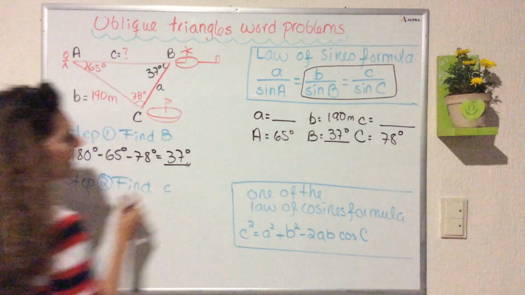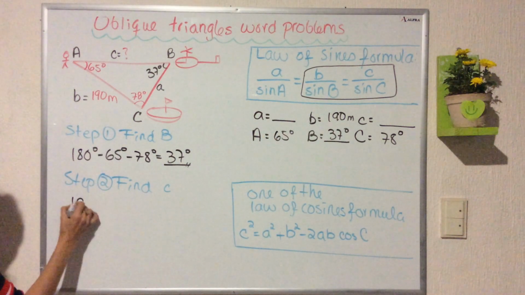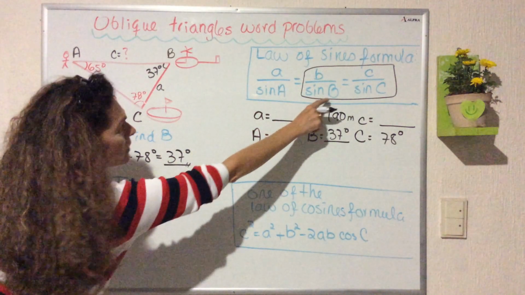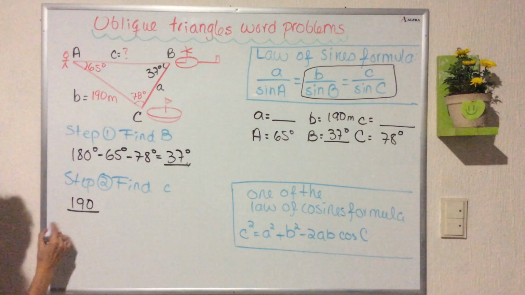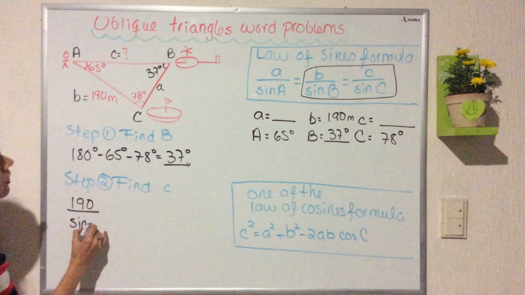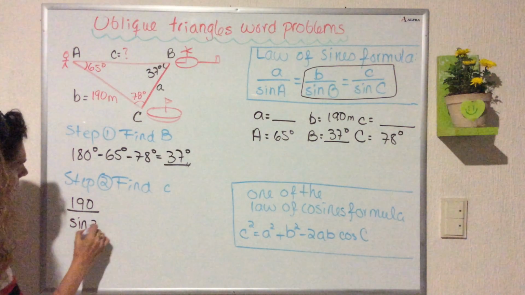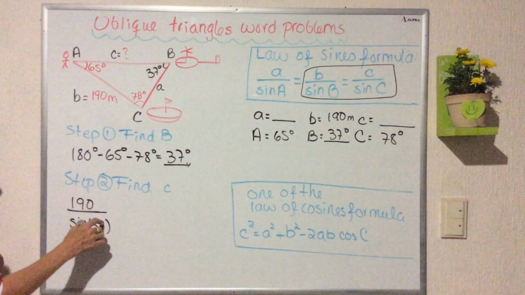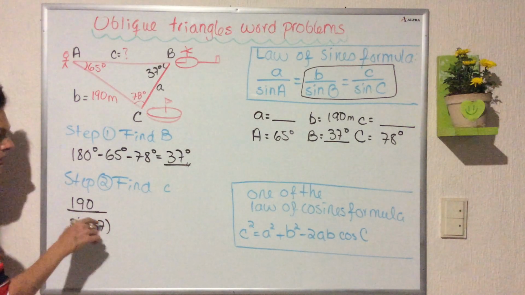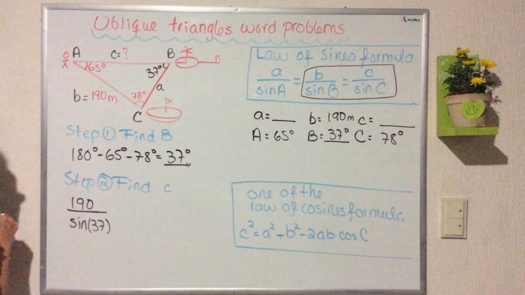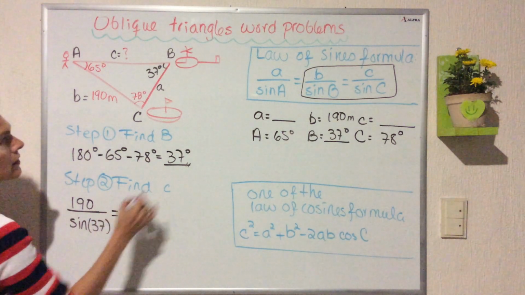Yes, this is 190. Okay, so 190 divided by the sine of B. Don't forget to write sine and to calculate it, okay? Sine of what? Of 37. Okay? Remember that in the calculator, you are not going to write the symbol of degrees, okay? Just the numbers, 37. Equals C.